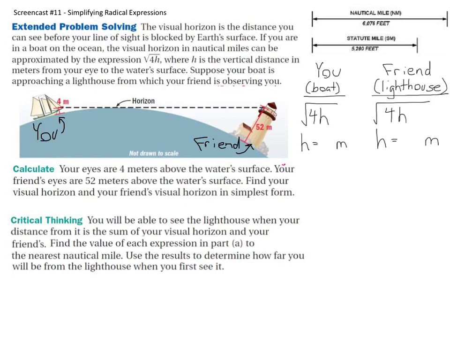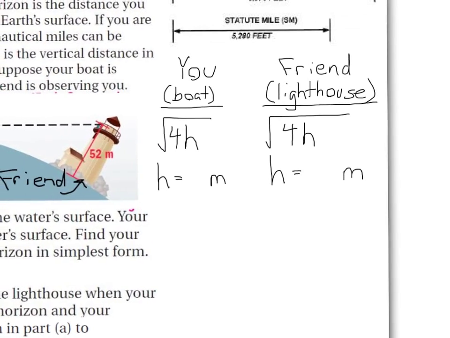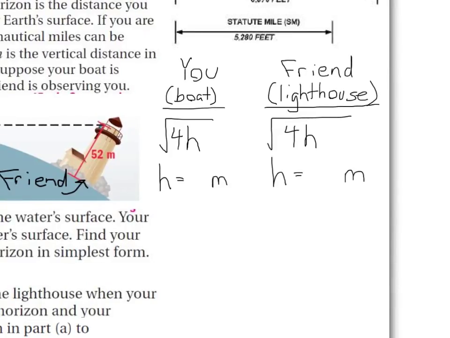And in order to get cracking on this, let's look at this information that they have given to us right here, and we've kind of organized here. So in this column right here on the left, we'll talk about all the information that discusses us, resting in the boat, and our friend, who's in the lighthouse. For both, however, us and our friend, we're going to use the square root of 4h to calculate this information.